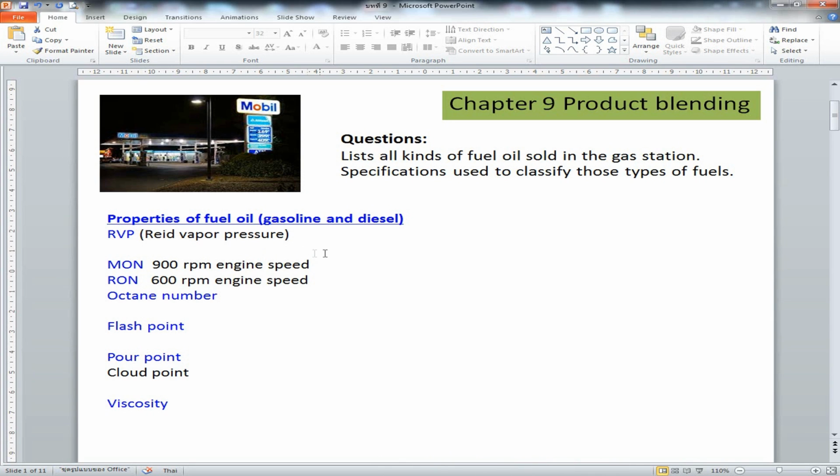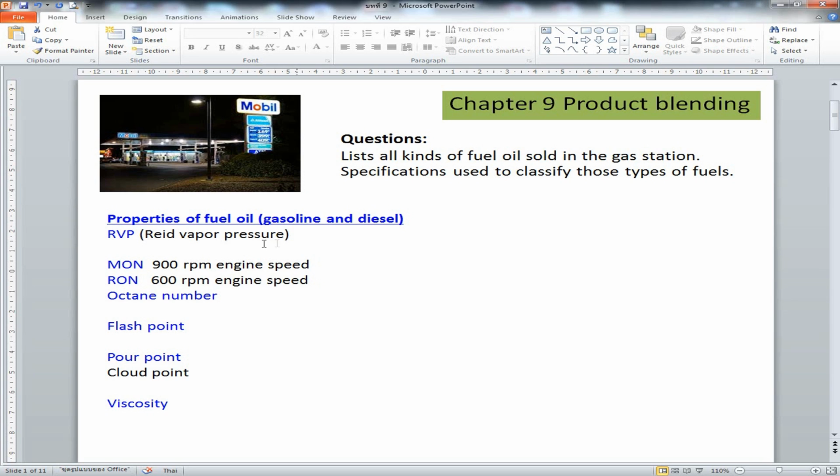Let me go through the definition of them a little bit here, starting with the RVP, or what we call Reid vapor pressure. The Reid vapor pressure is defined for the gasoline evaporation characteristics, and the EPA, Environmental Protection Agency, regulates the vapor pressure of the gasoline sold at any retail store, gas station during the summer season to be low.